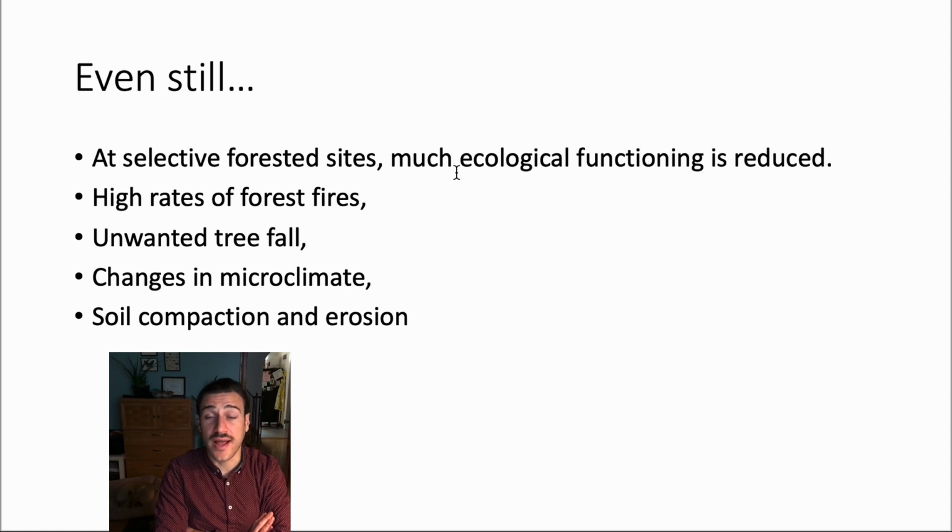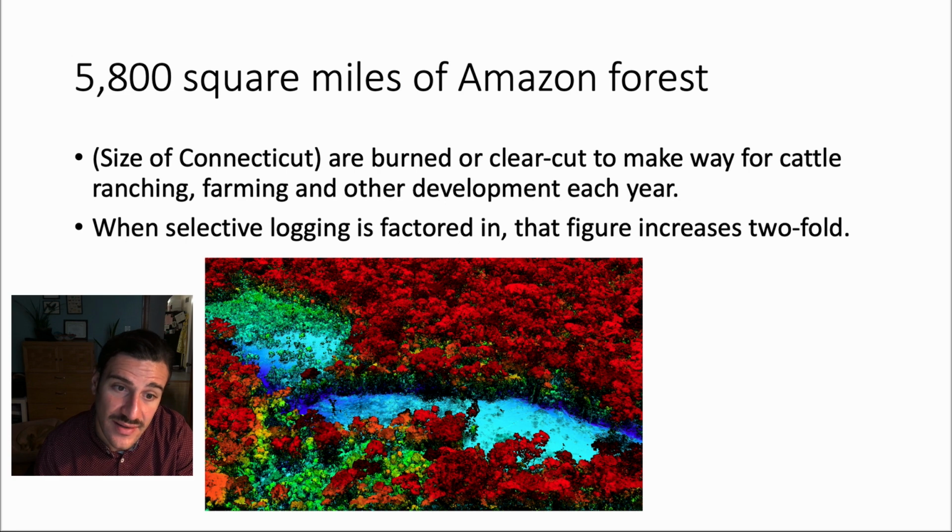However, there were these tractors that drove around these trees, and that soil compaction changed the amount of oxygen and the amount of water that could reach those roots, and all of these giant sycamore trees died. So soil compaction as well as erosion are still very prevalent when it comes to selective harvesting.